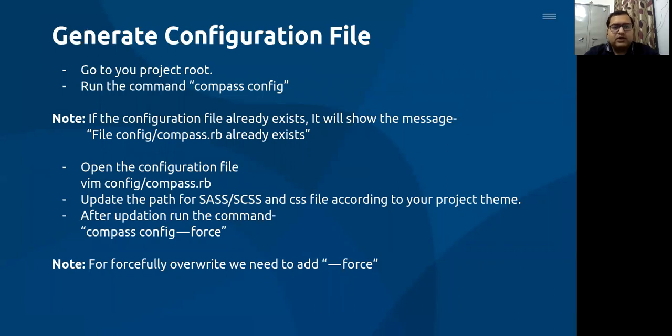So there is a command, compass config. If the file is available, it will show you the message that the file already exists. If it does not exist, then it will be created automatically under the config directory. The complete path is config/compass.rb. So our configuration file is compass.rb.